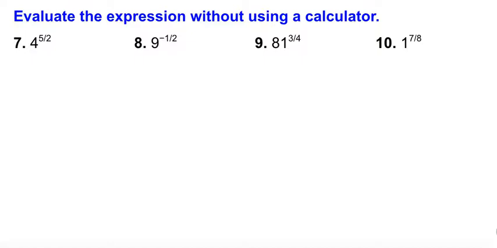Let's try a few more. 4 to the 5/2. So first start, the root is a 2. That's a square root. Square root of 4 is 2. Top number is my power, so 2 to the 5th equals 32.